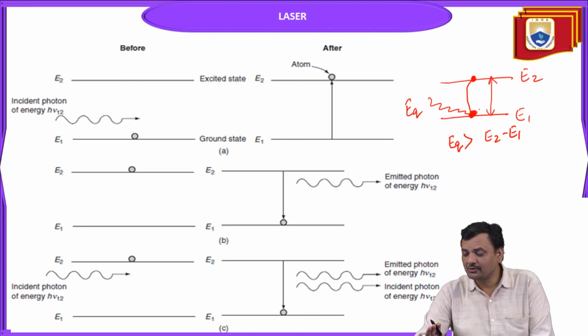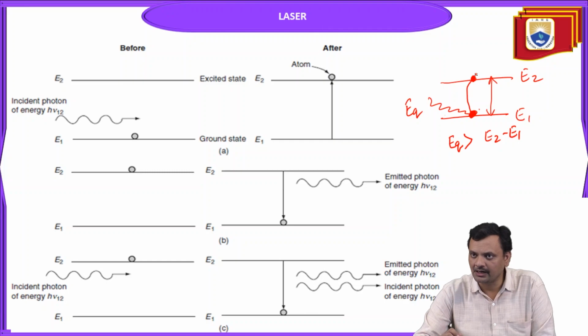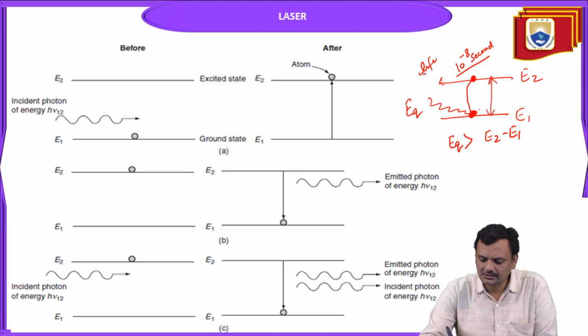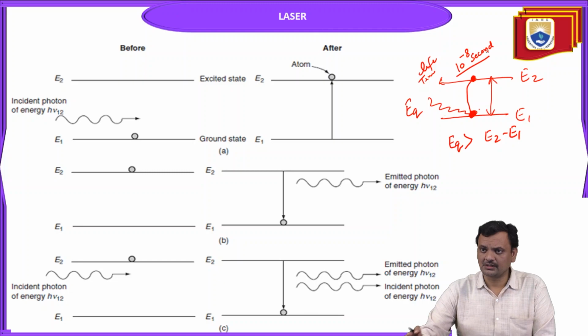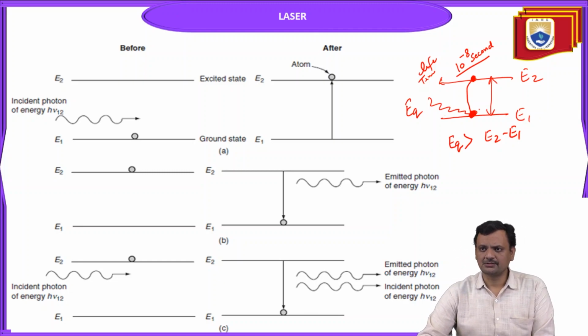Now this electron will not reside here permanently. It will stay here at most up to 10 to the power minus 8 second, the lifetime of this level, if this is a normal level. I say normal level because there is the concept of a metastable state.